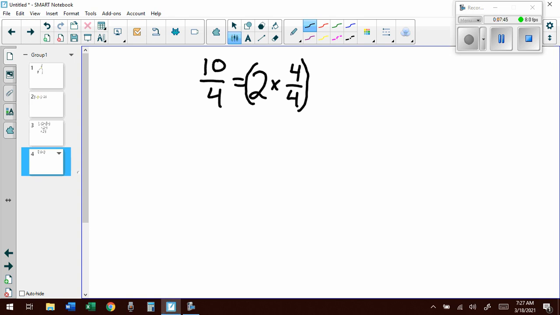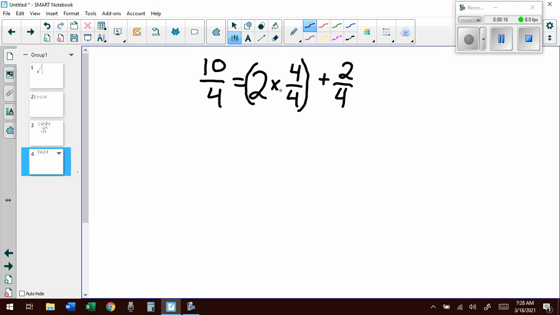Now we counted out 4/4, 8/4. What is the difference between 8 and 10? We would have a remaining 2/4. Here, we see that 2 times 4/4, 4/4 is equal to 1 whole.